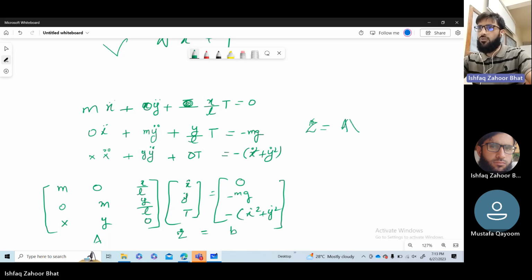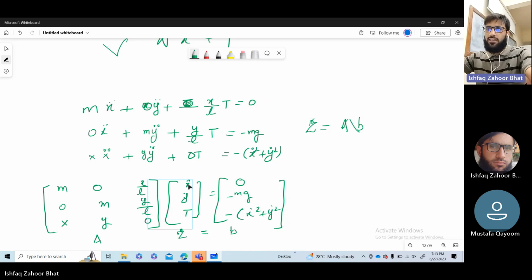A modulo b. So what MATLAB will do, MATLAB will calculate at each instant of time this matrix, that is A matrix. At each instant of time, it will calculate this matrix, that is B matrix. And then it will do A modulo B, and it will return you this Z vector.